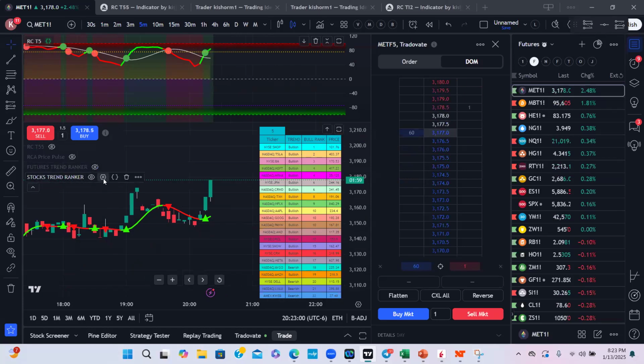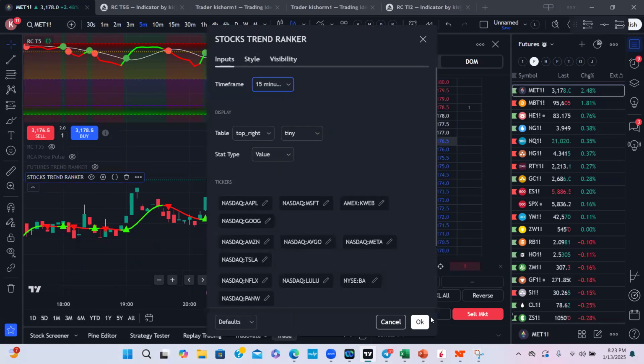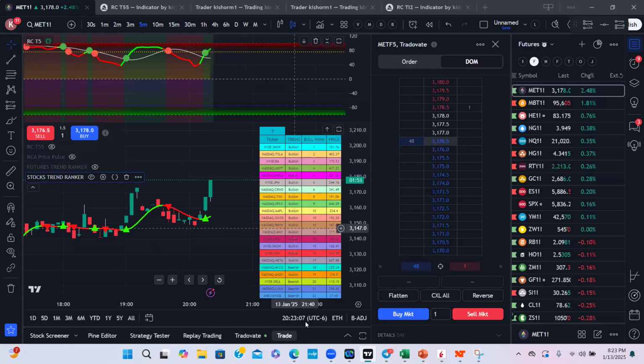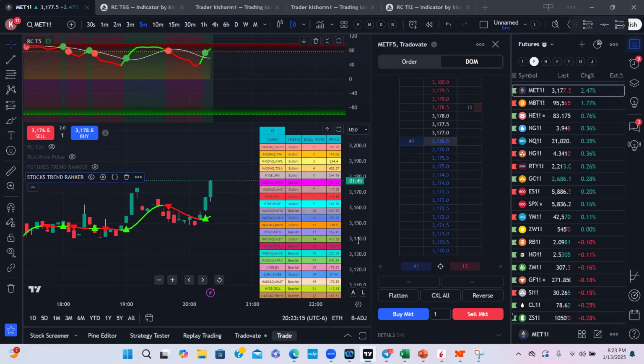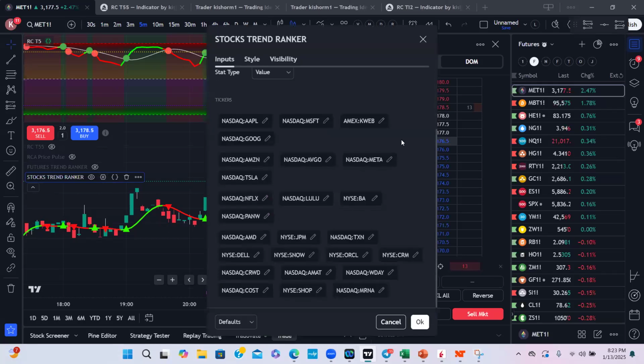For example, if you want to know which are the best stocks to trade today, it is showing Shopify, Tesla, BA, Microsoft, like that. You can put some 25, 30 of your favorite tickers.